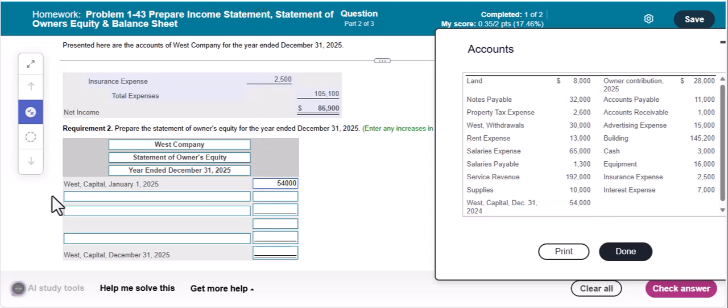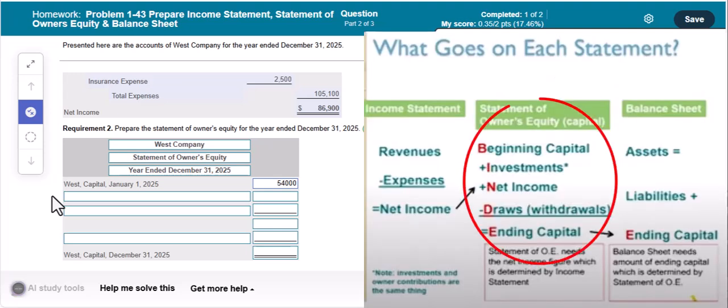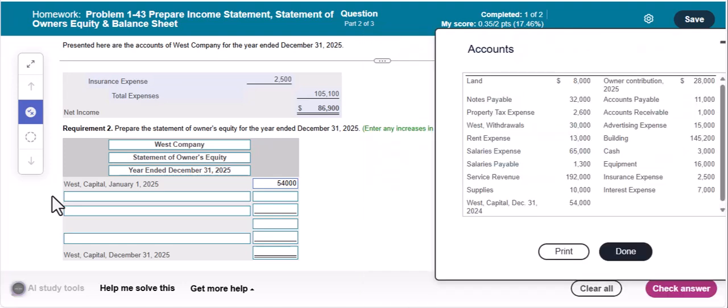Then for our next item, we need to review our formula here for that statement of owner's equity to see what comes next. So next we add investments. Remember, BINDE, that's bind with an E, the I stands for investments, also known as owner contributions. So in this box, we're going to look for something that says investments or owner contributions.